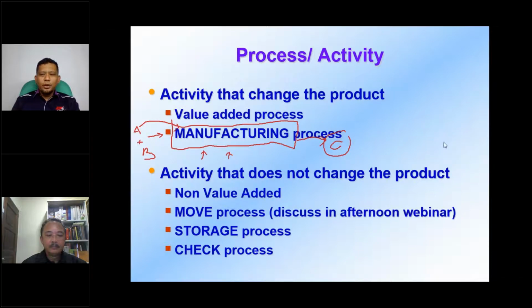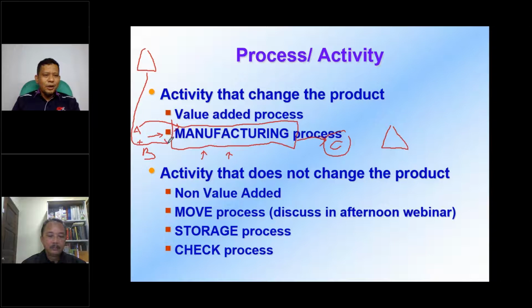This storage process as well basically doesn't change the physical nature of the product. Maybe there is a warehouse here for raw material. We have a tank farm here, and we keep the chemical B and then pump it to the process.